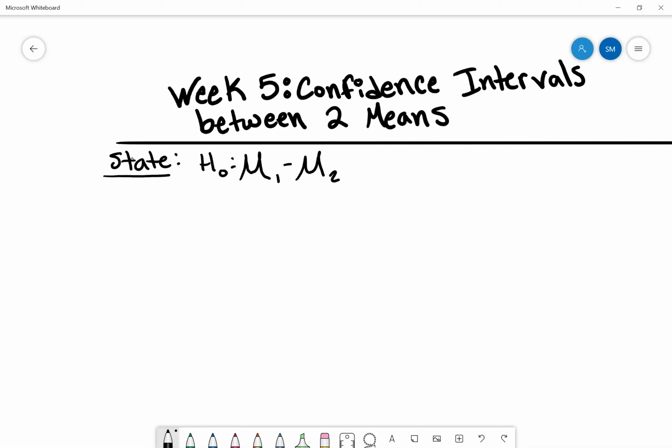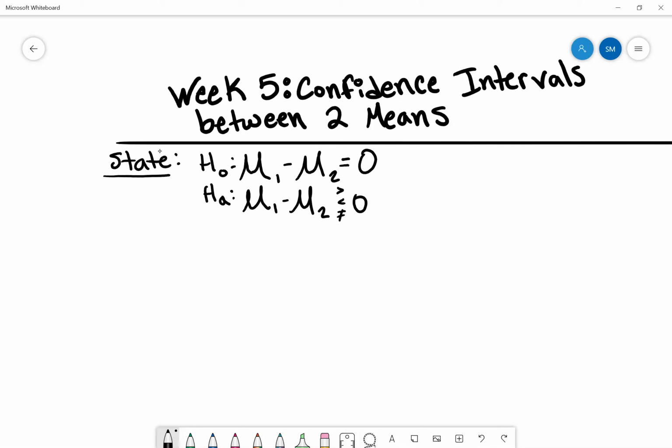So we're saying that the population mean of the first set of data minus the second set of data equals, you guessed it, 0. Alternatively, your alternative hypothesis, that was clever. So mu sub 1 minus mu sub 2 is either going to be greater than, less than, or not equal to, you guessed it, 0.